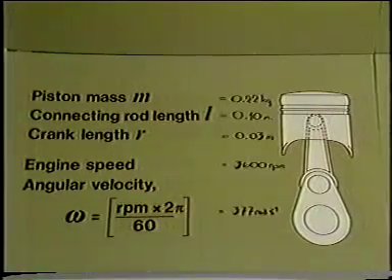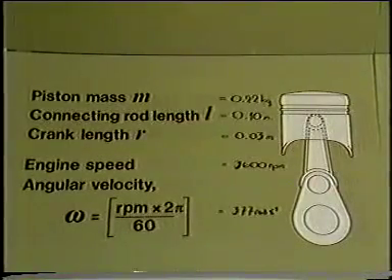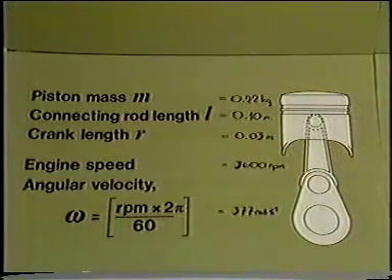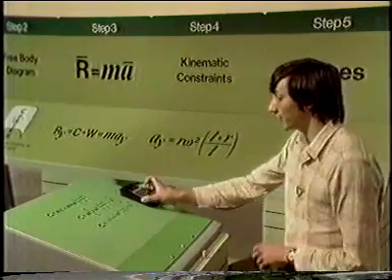M, well that's 0.22 kilograms. R is 0.03. L plus R must be 0.13. Over L is 0.1. Minus g, 9.81. And now I can evaluate it.